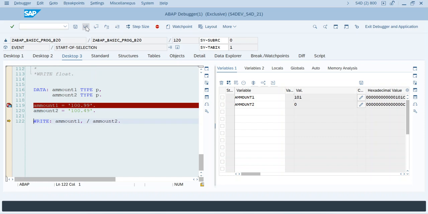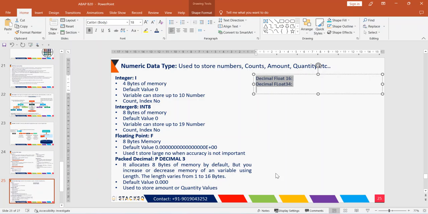If I execute this, it is rounding off the value to the previous number itself. That means it is ignoring the decimal place because it is less than 0.50. If it is greater than 0.50, it will round it off to the next possible number. If it is less than 50, then it will ignore the decimal place. This is the ceil and this is the floor value. Ceil value means next possible number, floor value means previous possible number.